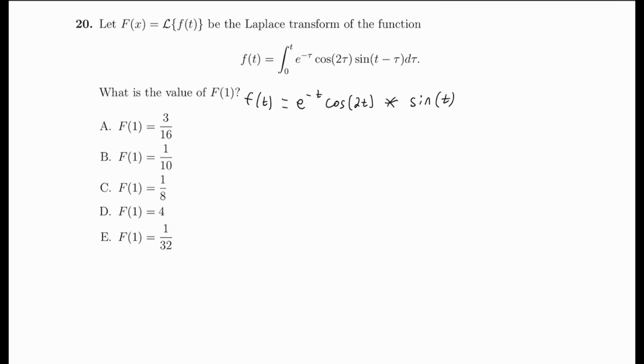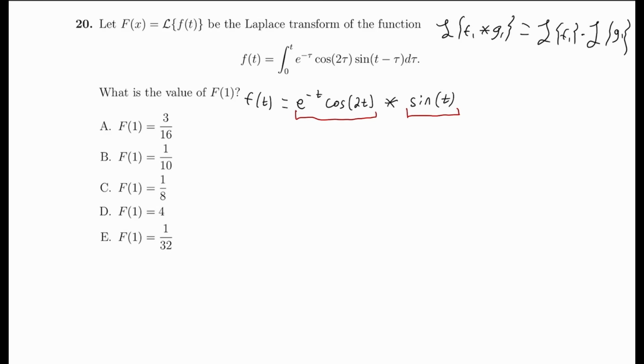So remember, the Laplace transform of, we'll call it f1 convoluted with g1, is equal to the Laplace transform of f1 times the Laplace transform of g1. We can call this f1 and this g1.